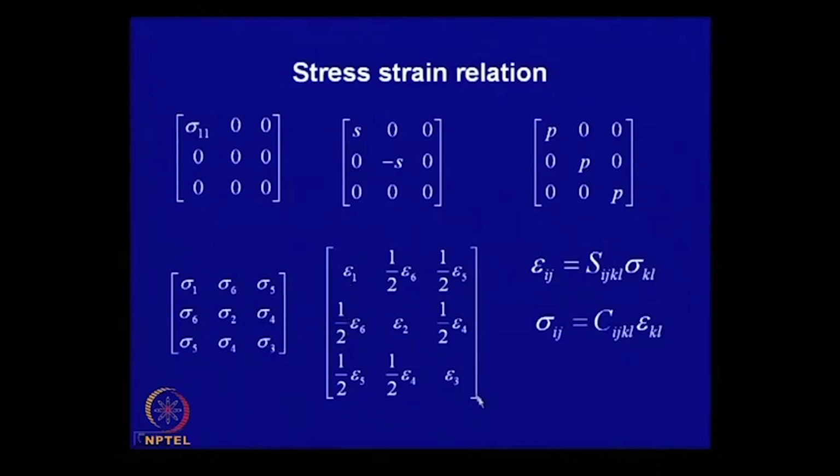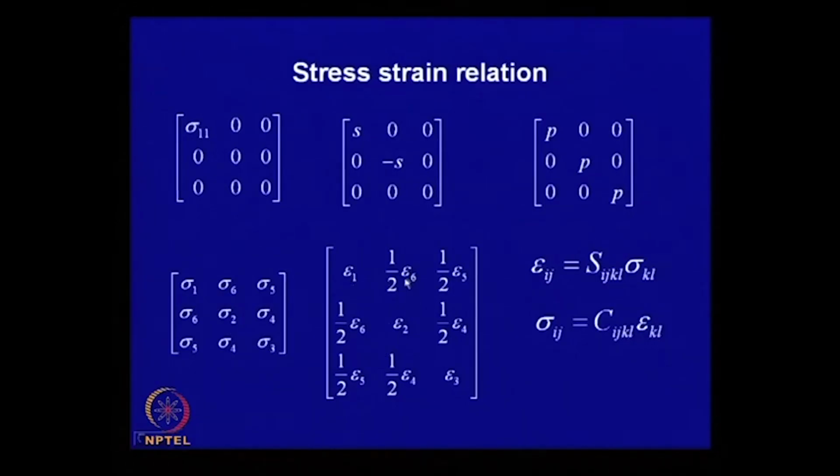The same thing is done with respect to strain. But to maintain that similarity, when you convert these 2 indices used to represent strain and 2 indices used to represent stress into just 6 indices, 1, 2, 3, 4, 5, 6, there will be some conversion factor, which is listed here.